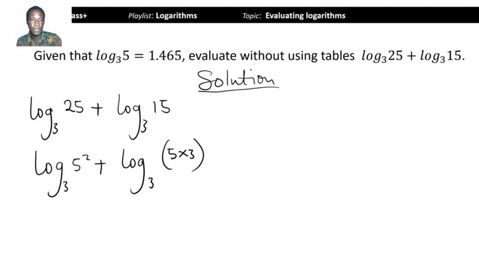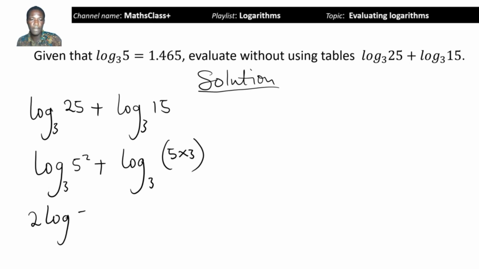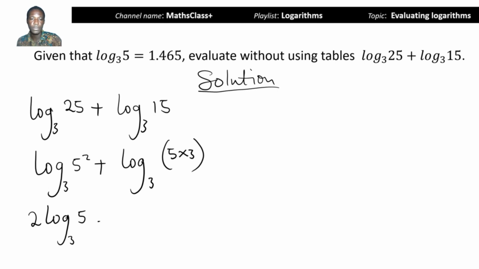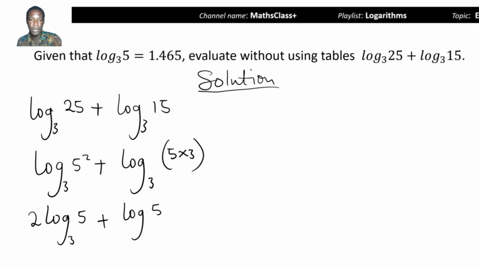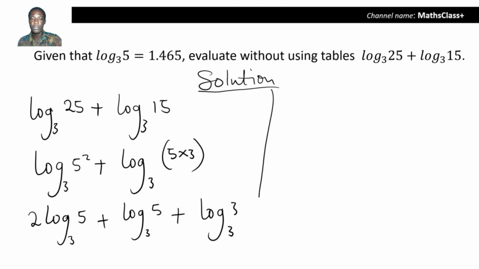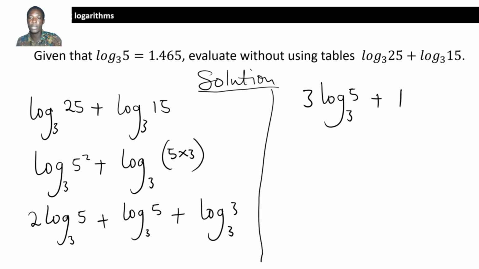And this becomes 2 log 5 to the base 3 plus log 5 base 3 plus log 3 base 3. So here we can rewrite this as 3 log 5 to the base 3 plus 1.